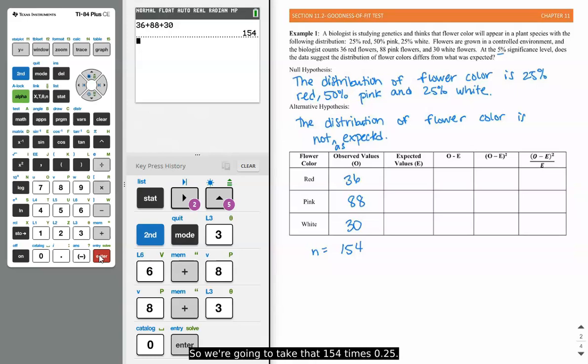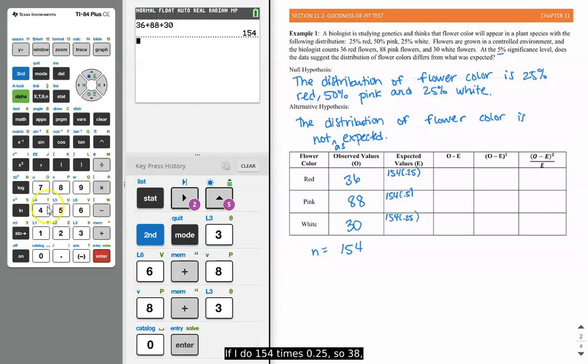So we're going to take that 154 times 0.25, and let me actually write that a little smaller so we can write the answer in there. So 154 times 0.25, right? And for pink, it was 50%, so 154 times 0.5, and then 154 times 0.25, right, for the white.